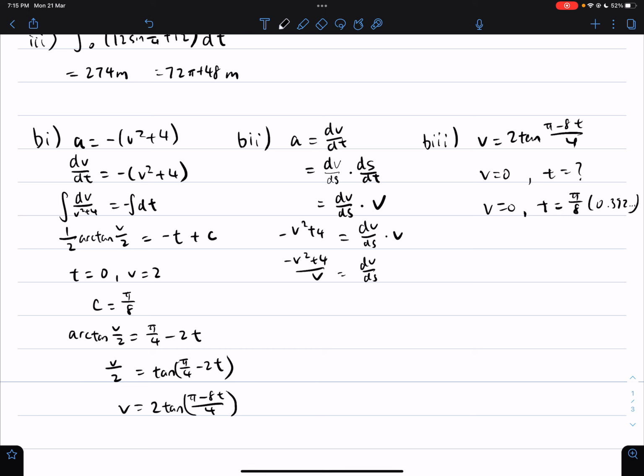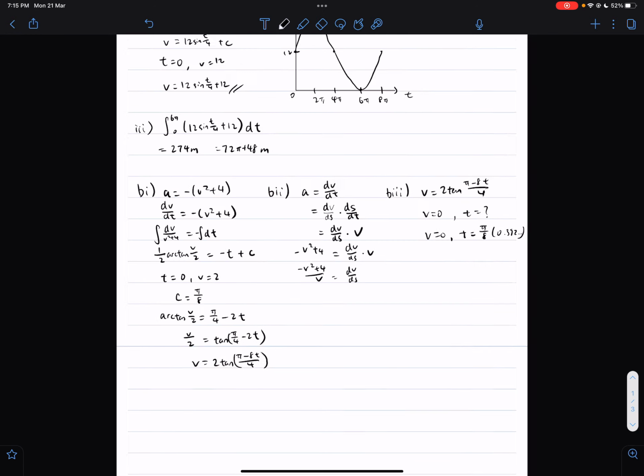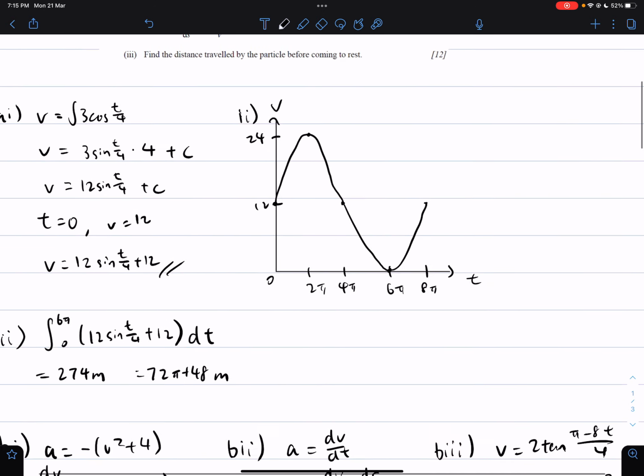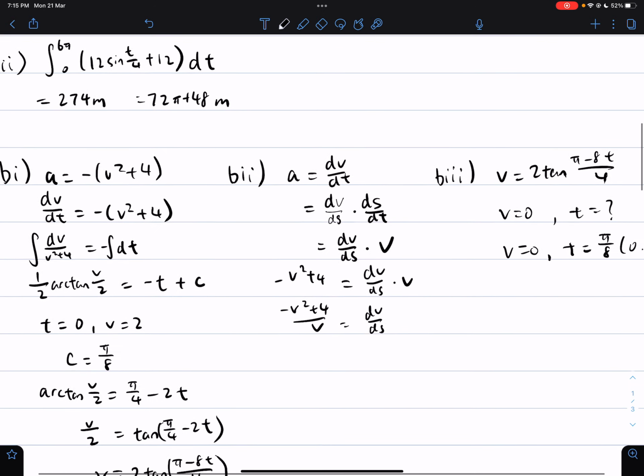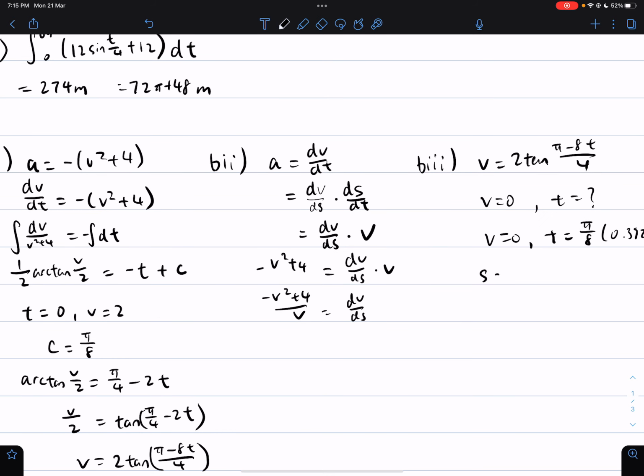Because it's distance traveled, we need to find the area under the graph, as done in part A of the question.